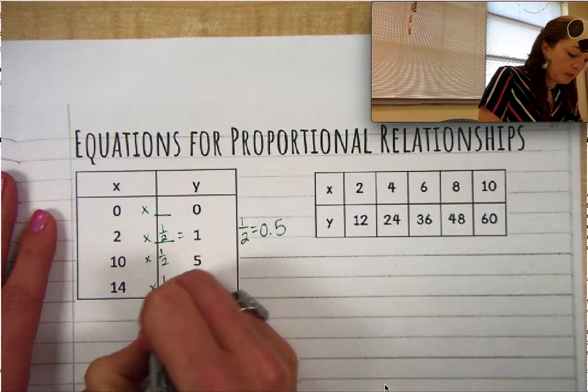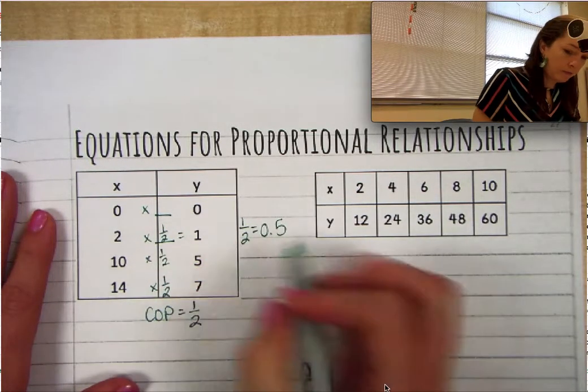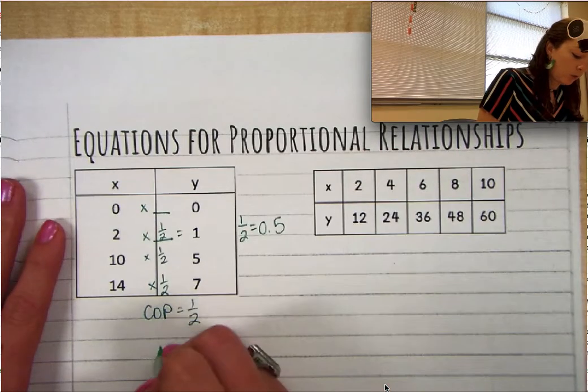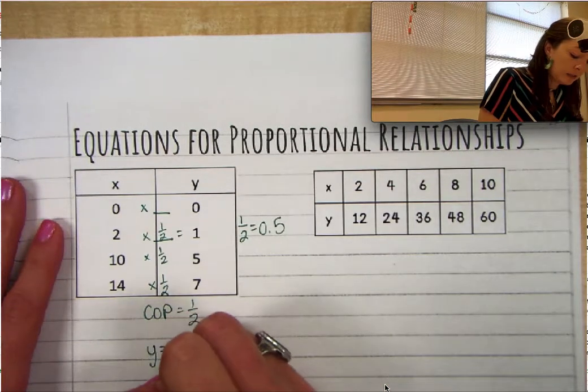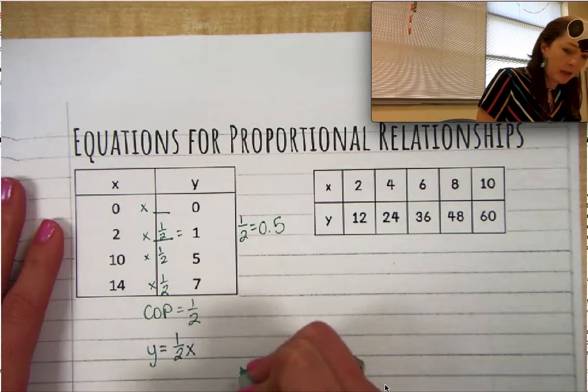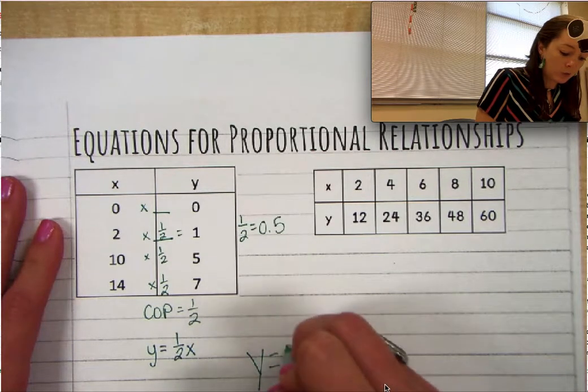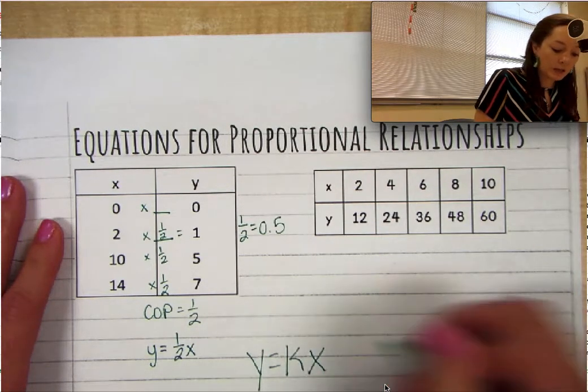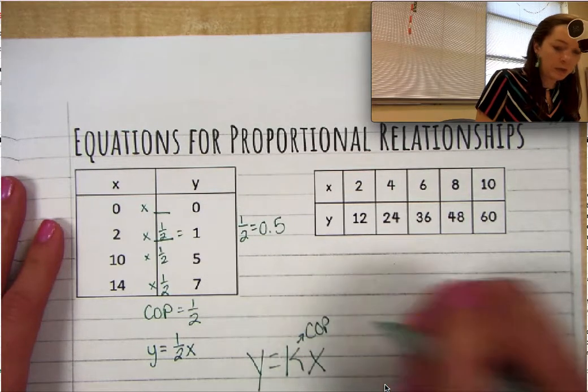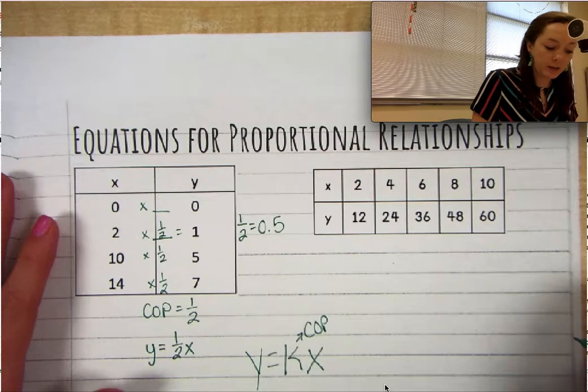So my COP is equal to 1/2. So my equation is y is equal to 1/2 of x, because my format is y equals k times x, and k is our COP, constant of proportionality.